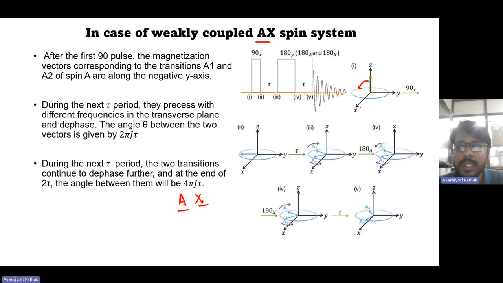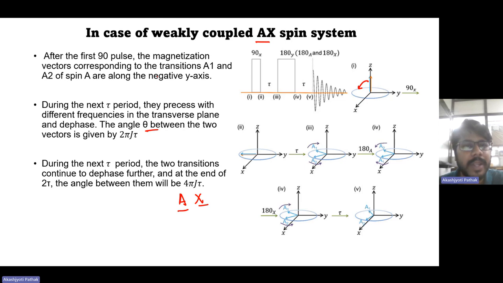Okay, so now these are different nuclei. They will precess with different frequencies in the transverse plane, and they will dephase. Dephase means they will start shifting away from each other in the xy plane. And remember the angle between these two vectors, the A1 vector and the A2 vector.